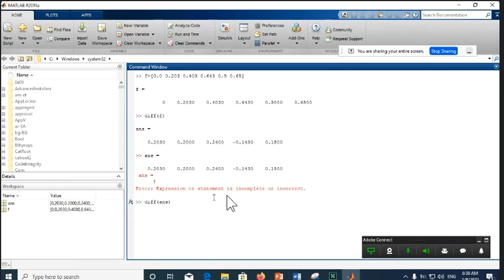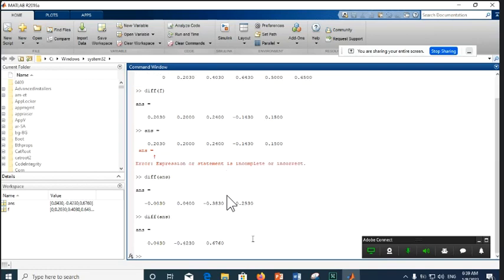The next columns we can get by repeating this for the last answer, ans, in this example.